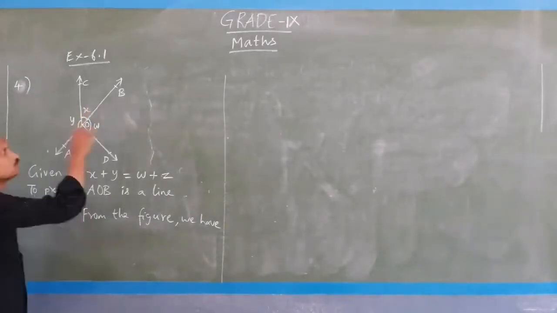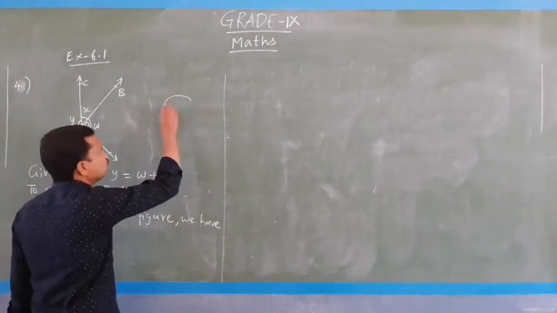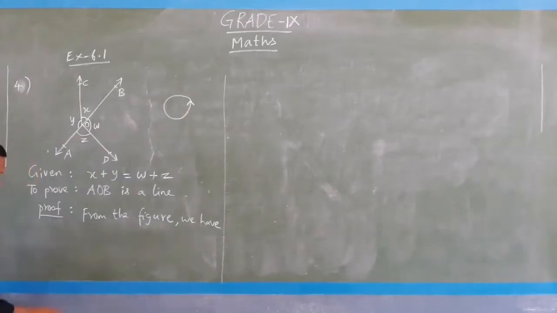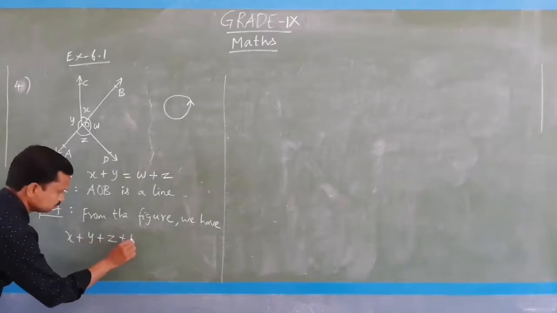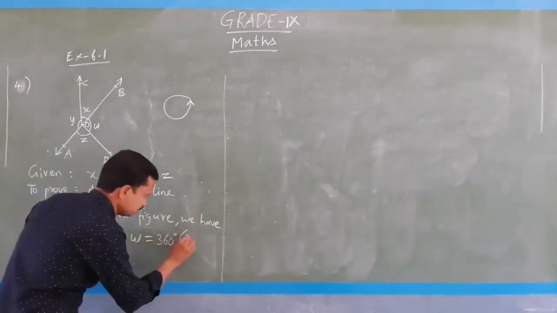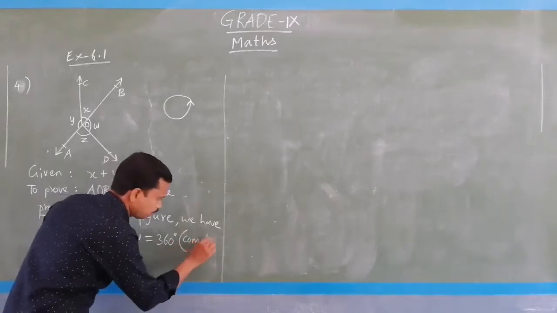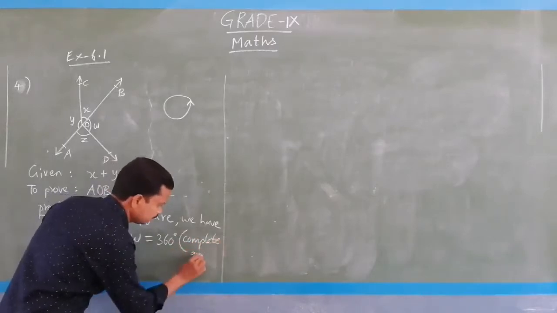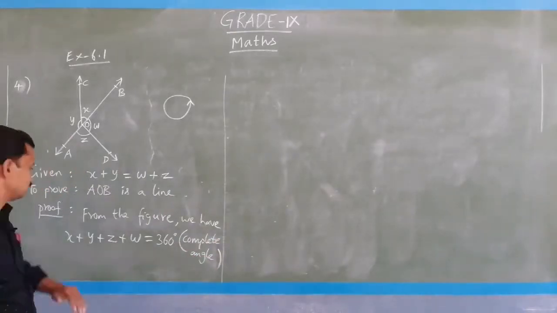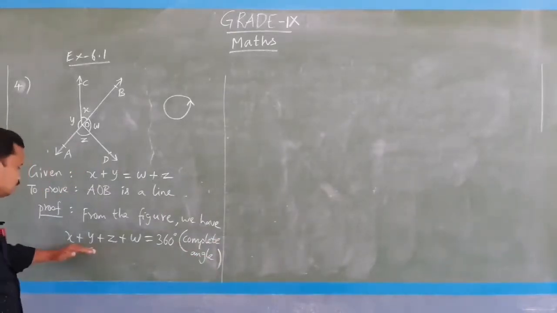That means, okay, the complete angle. So, 360 degrees. x plus y plus z plus w is equal to 360 degrees. Within brackets, we can write complete angle. Okay, now x plus y is z plus w.